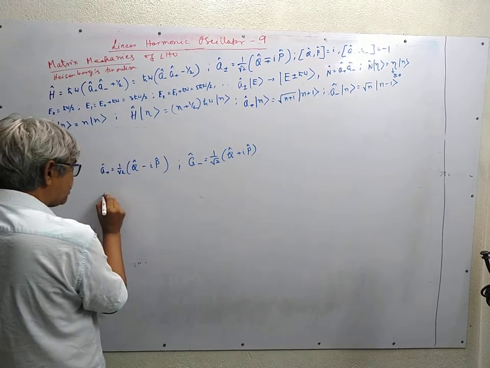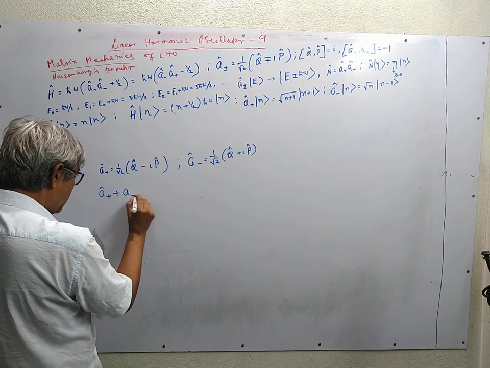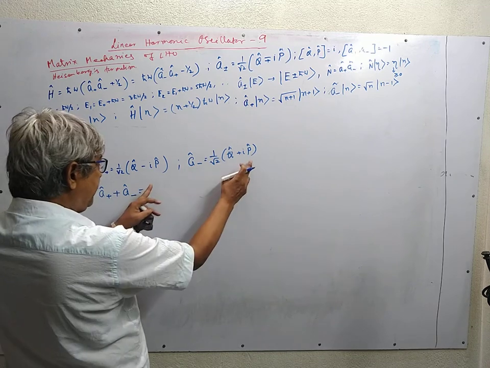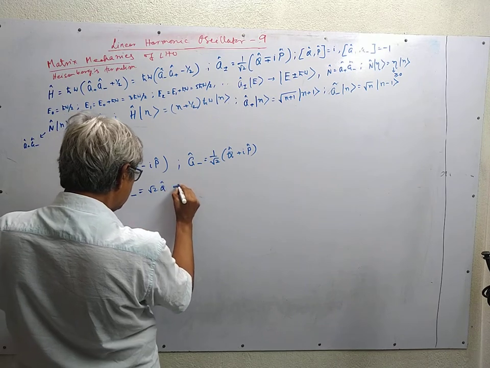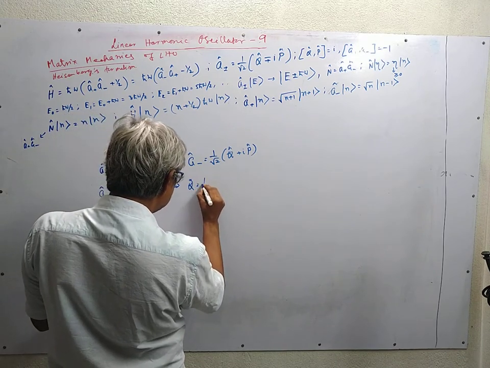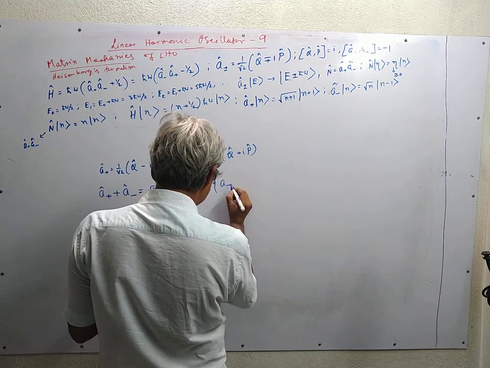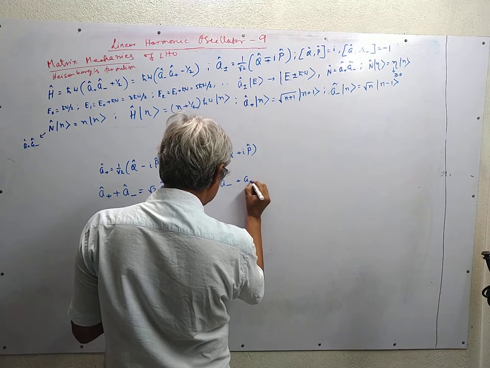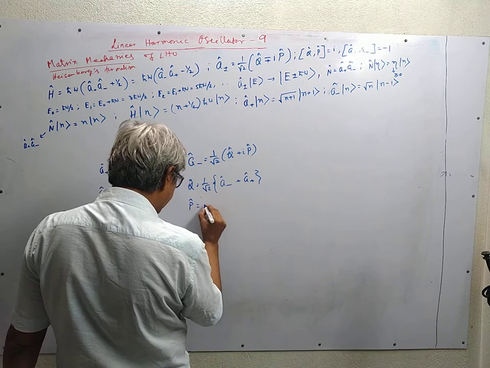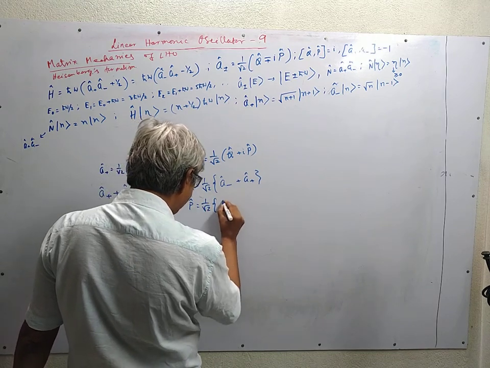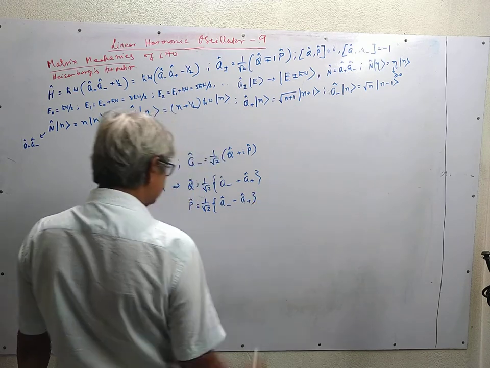So if we add these two, a plus a minus, the p goes. Similarly, we find that the p operator is 1 upon root 2 of these two.